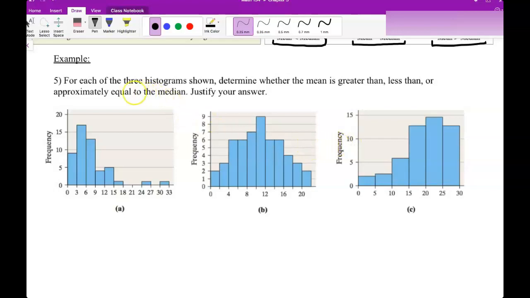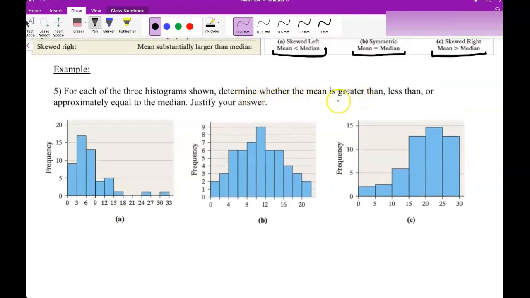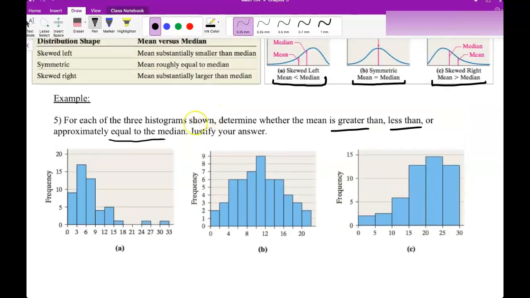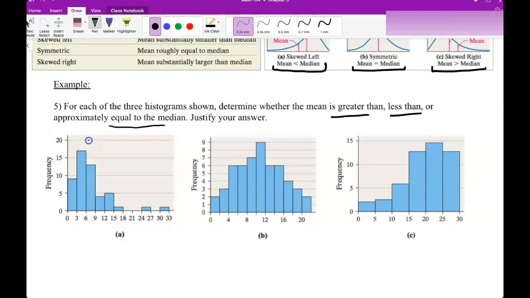Okay, example. For each of the three diagrams shown, determine whether the mean is greater than, less than, or approximately equal to the median. Here is the highest frequency that we have, so that is our peak, and this is the right tail.